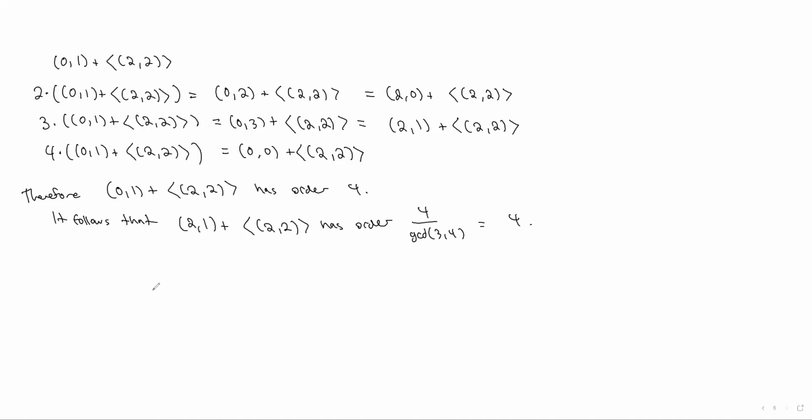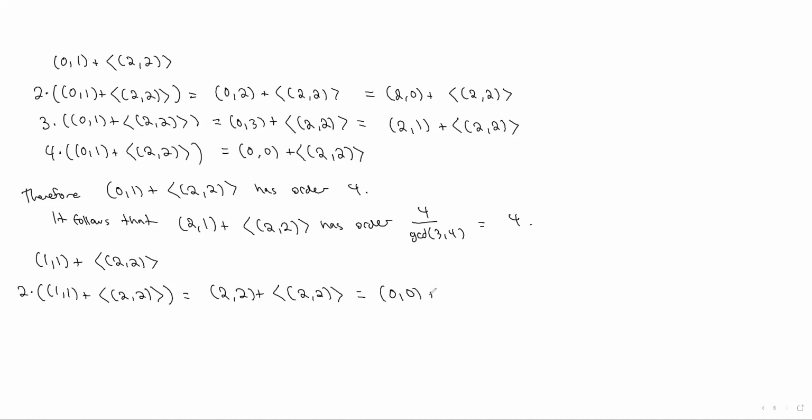There's still (1,1) and (3,1). So (1,1) + <(2,2)>. If you do 2 times it, you get (2,2) plus the subgroup generated by (2,2), which is (0,0) + <(2,2)>. Okay, so it has order 2.